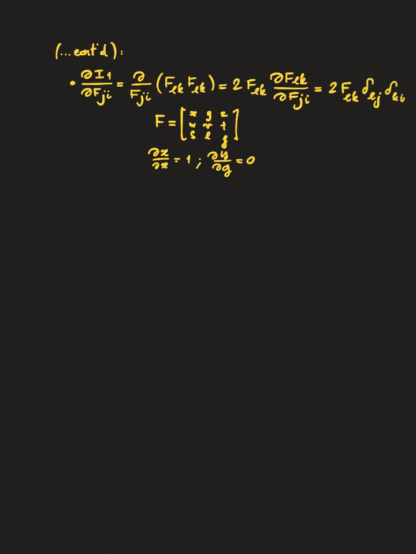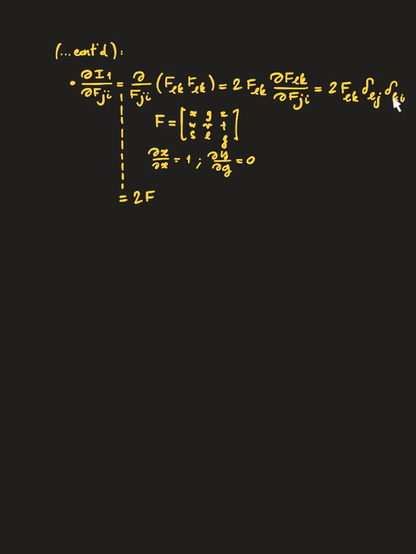So, what did we find, essentially? Well, let me just recopy this result below. So I just obtained that this is equal to 2F. Now, you see what is written here? This delta tells you that this expression is always 0 as long as L is different than J. But when L is equal to J, then this expression is not 0.